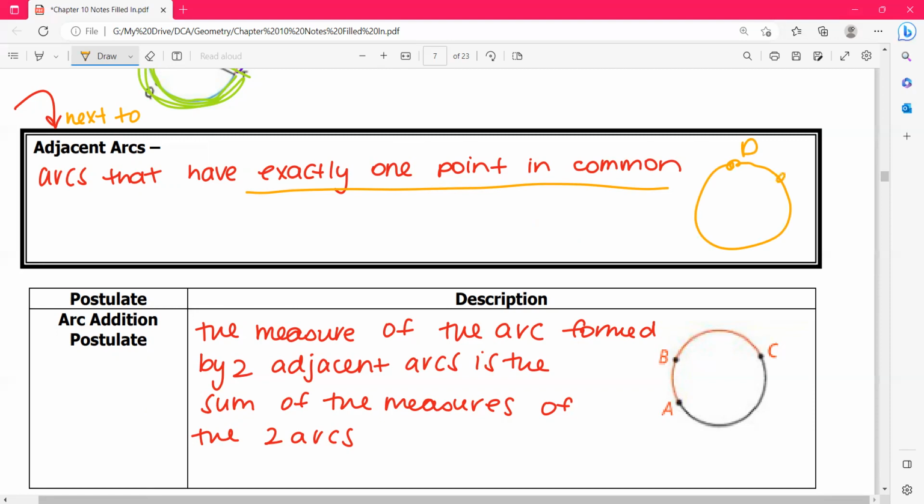If this is D, E, G, I could say arc DE and EG are adjacent arcs because they have point E in common. They're next to each other.